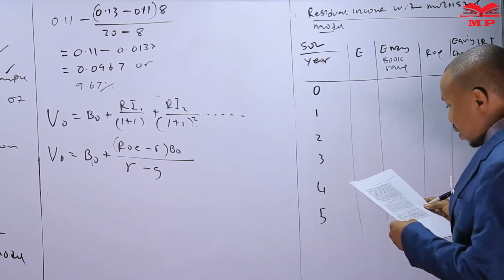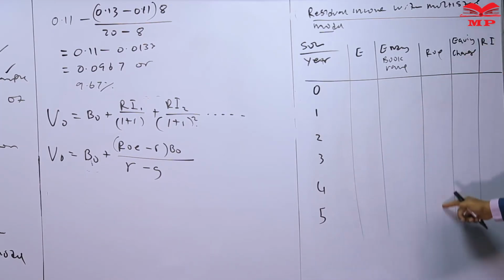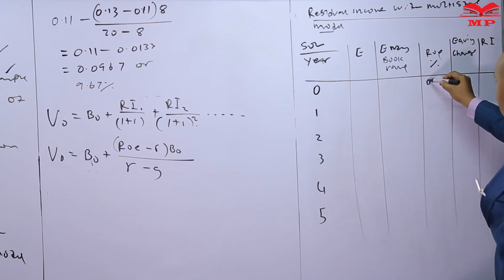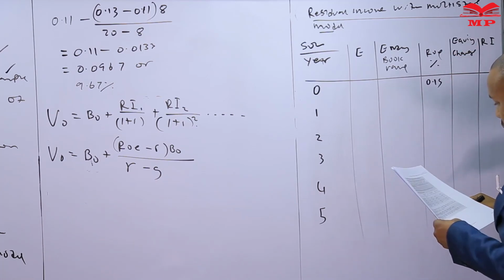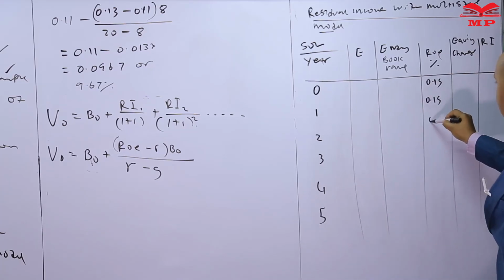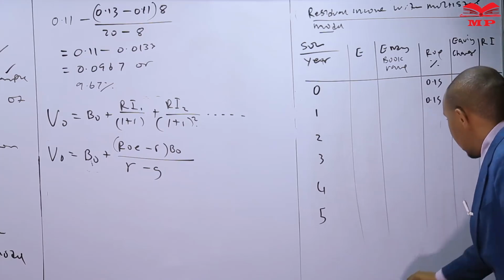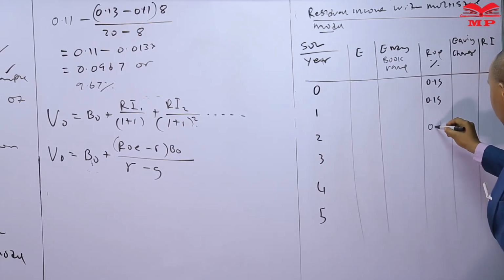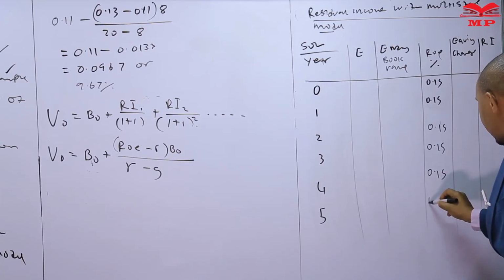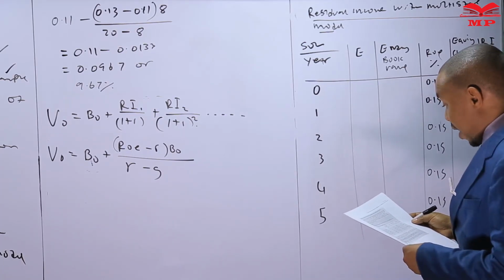And we're being told that the ROE is 15%. So in this column, we can confidently put in 0.15 all through, 0.15, 0.15, 0.15, 0.15. So that one remains constant for the next 5 years.